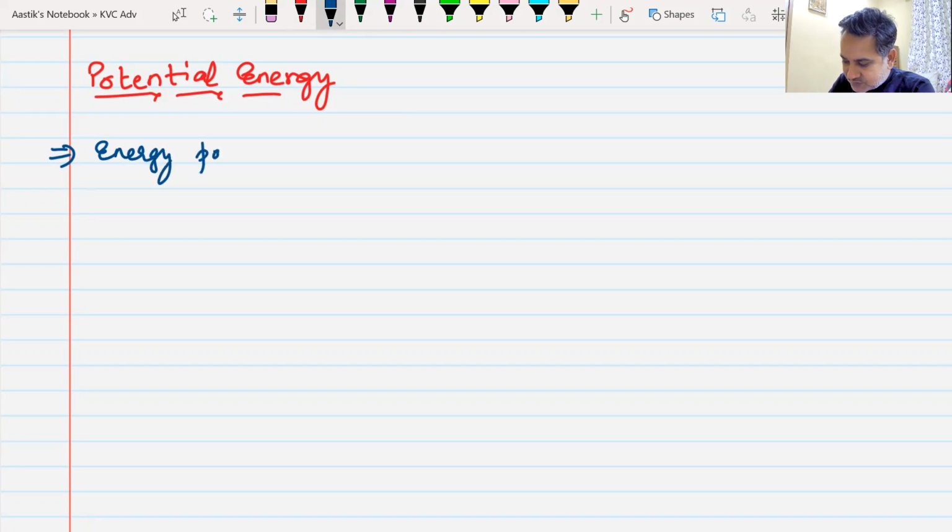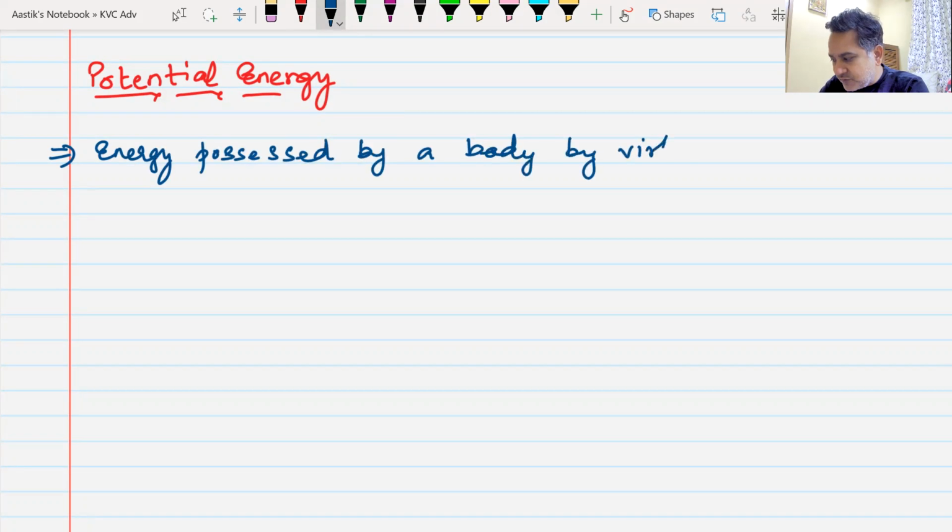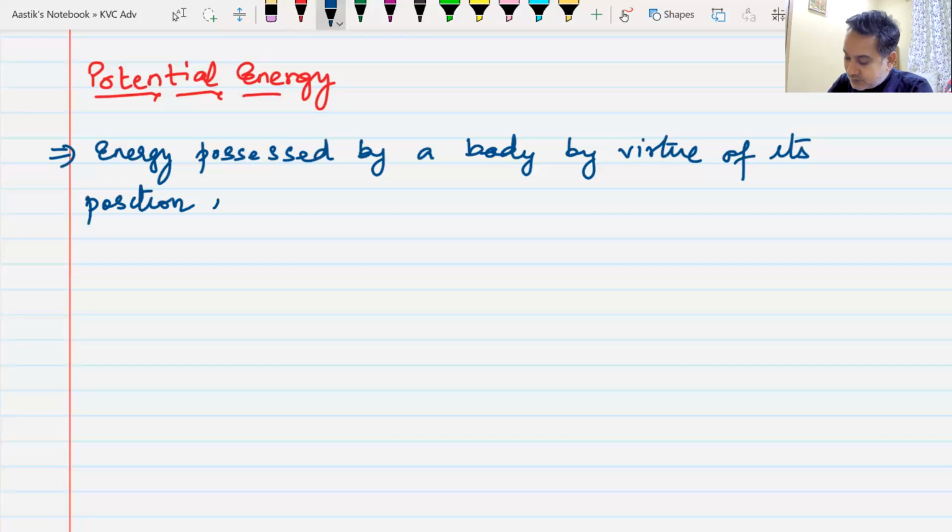Energy possessed by a body by virtue of its position, where? In a conservative field.